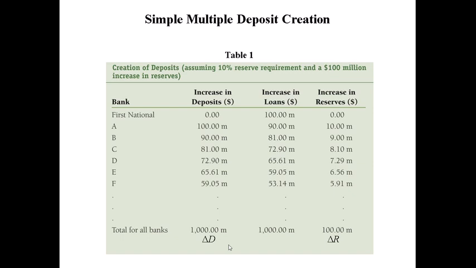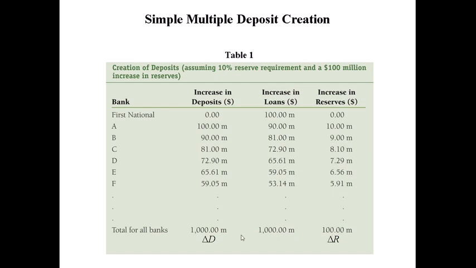But if you think about it this way, one way to think about this is if $1 billion, or $1,000 million, is immediately deposited into banks, by law, how much are they supposed to hold? $100 million. So if we multiply this value by the reserve requirement ratio, we get this $100 million here.